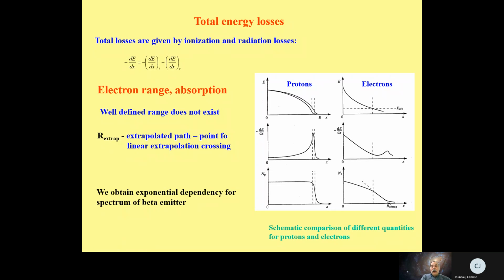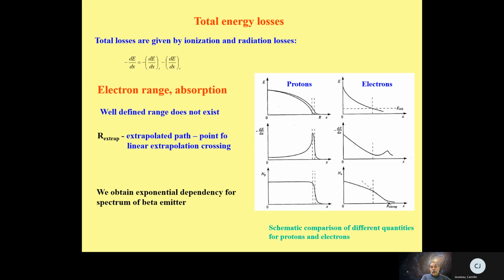For very low energies the radiation losses are negligible. Here we have different ranges, and it is possible to see the differences between heavy charged particle interaction and light particle interaction.